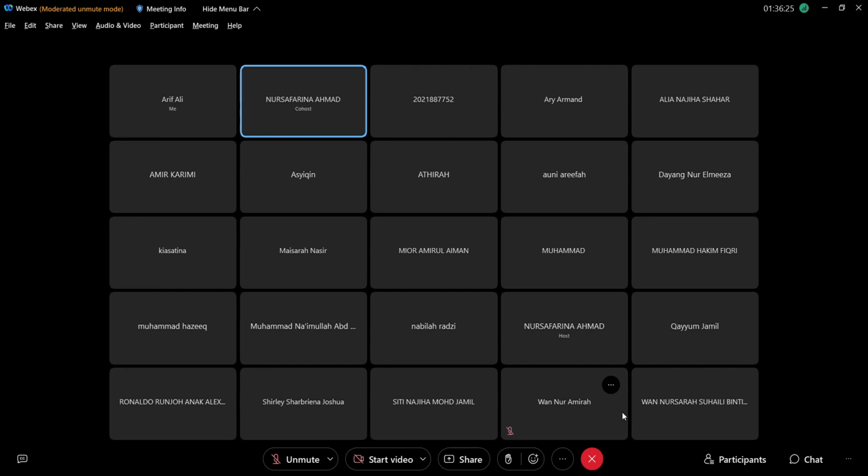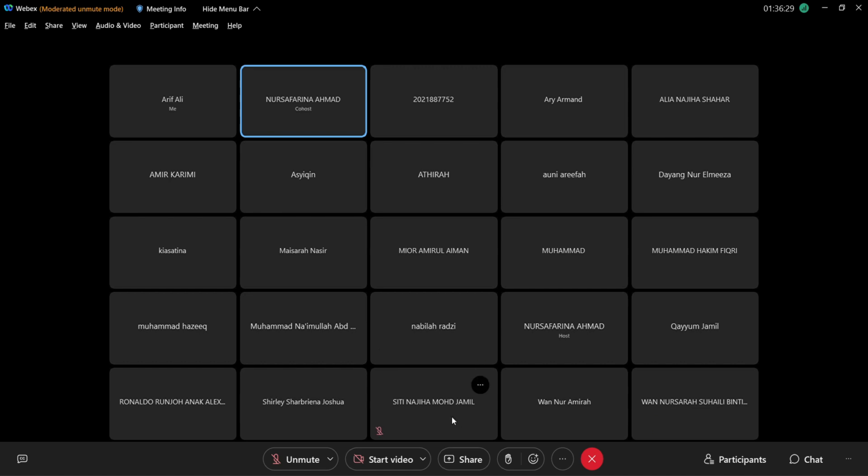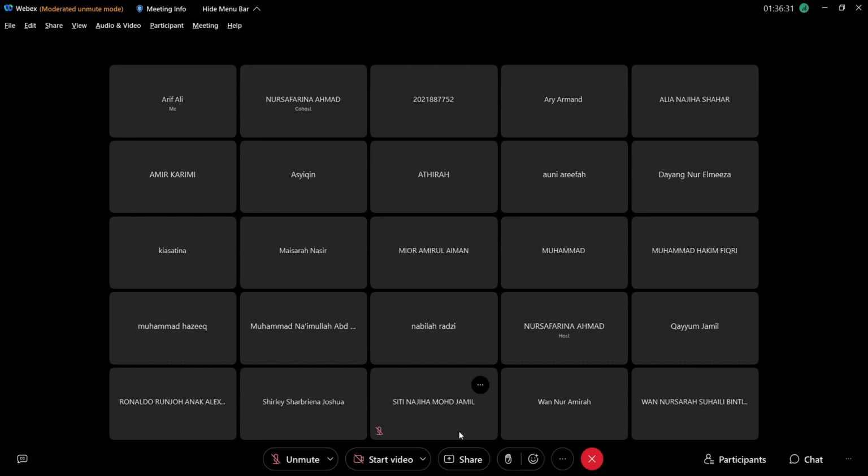InsyaAllah. Siapa tadi yang baru masuk? Saya doktor. Azim. Okay, Azim. By the way, you ada kelas pukul 10 ke? Ada doktor. Ada? Tak ada. Tak dengar? Ada ke tak ada? Ya ada.